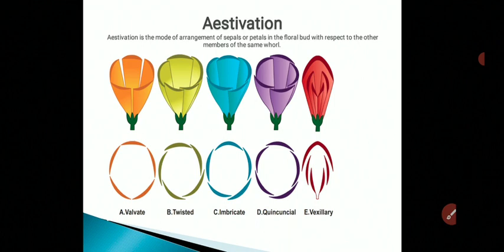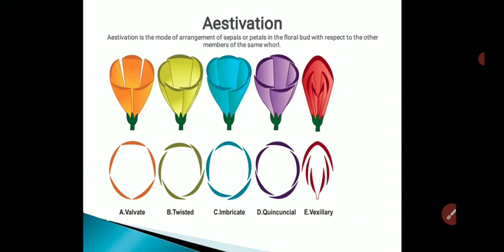For example, Solanaceae. In valvate aestivation, the sepals are arranged near to one another, so there is no overlapping between sepals. That's why such an arrangement is called valvate aestivation.